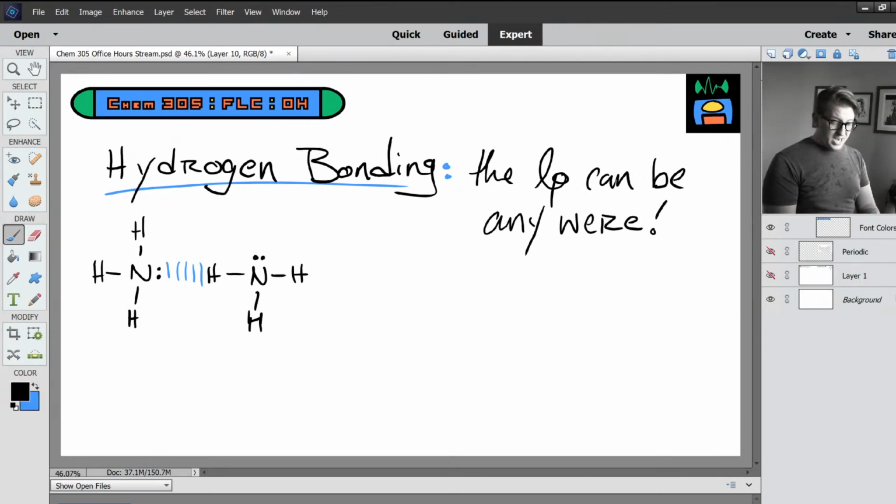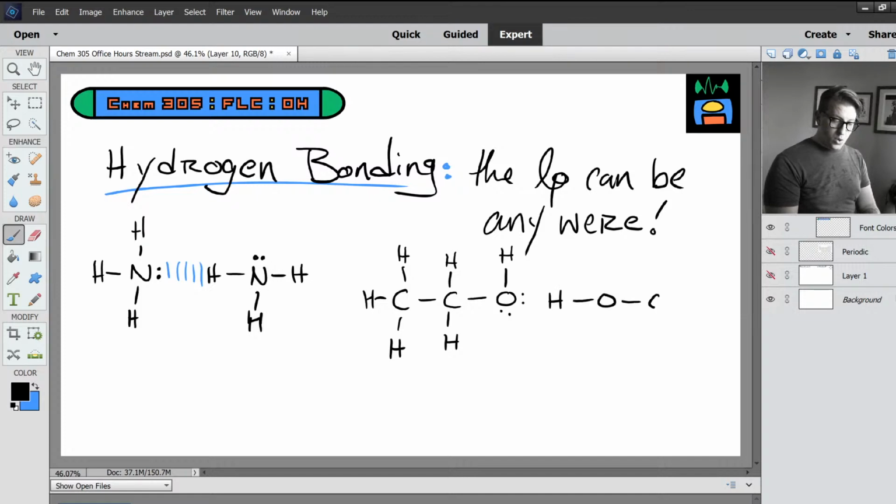But for ethanol, for example, there is no central atom. However, hydrogen bonding still totally happens, like so.